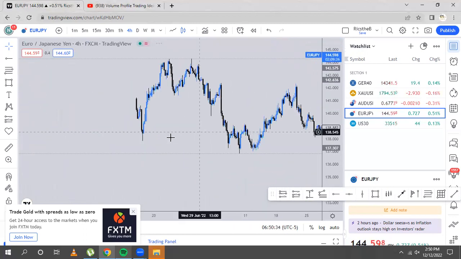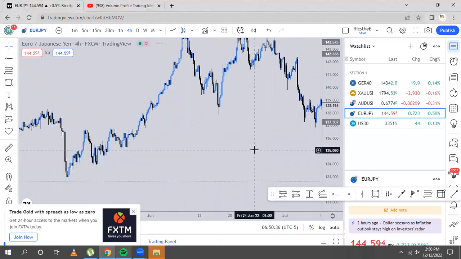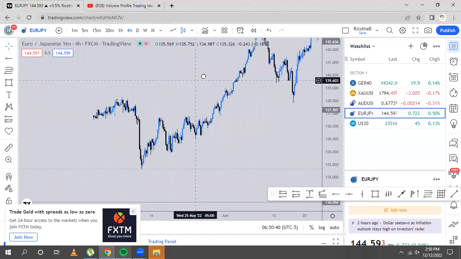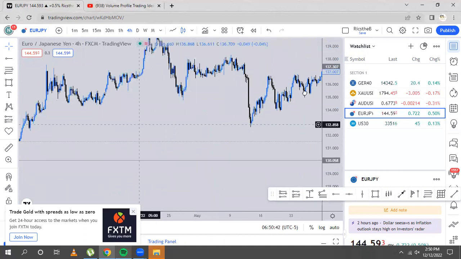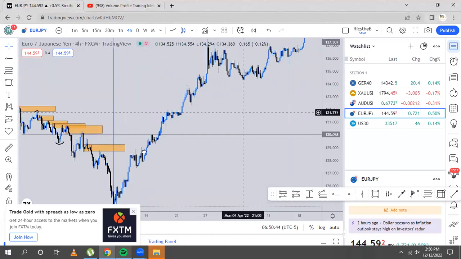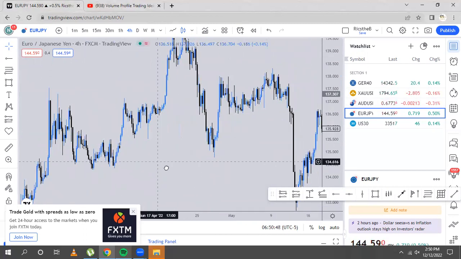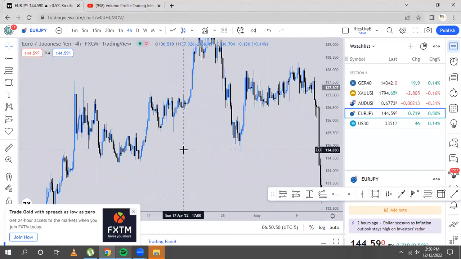Let's see if we can find another scenario. We can even look at this area. We had these structural points, higher high, price ranging, then a push to take out these structural areas.